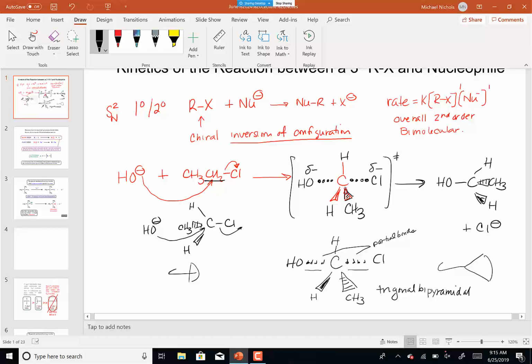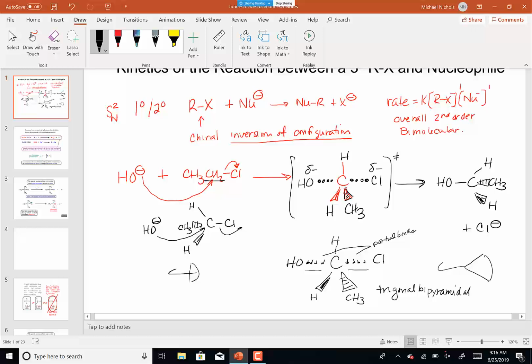Now it's not really transferred because the O is forming the bond with its electron density, and the chlorine is taking its electron density from the carbon on the other side. So it's not like the electrons are flowing from O to Cl. It's just that the O's using it to bond, and the chlorine is taking whatever remains in this polar covalent bond away to form the Cl minus.